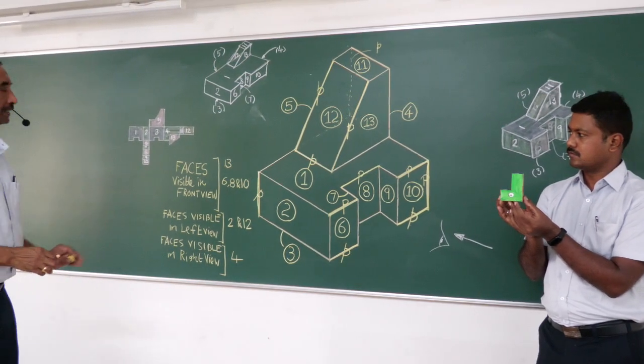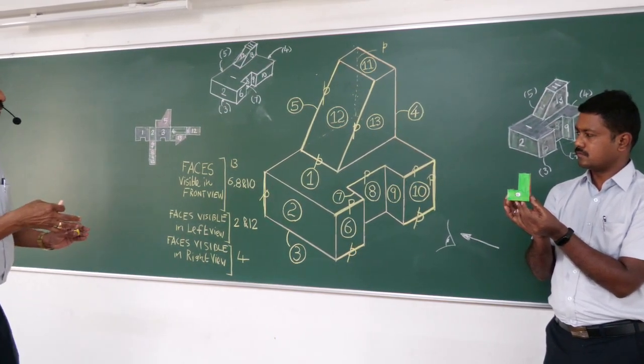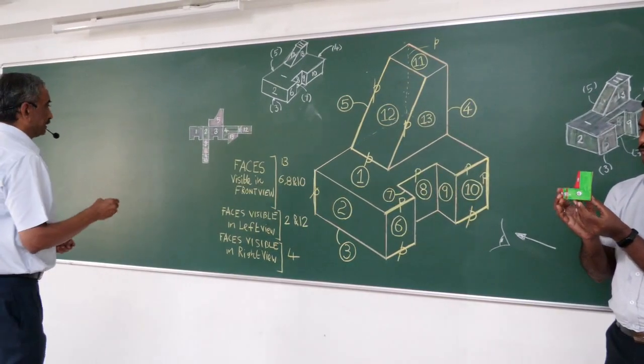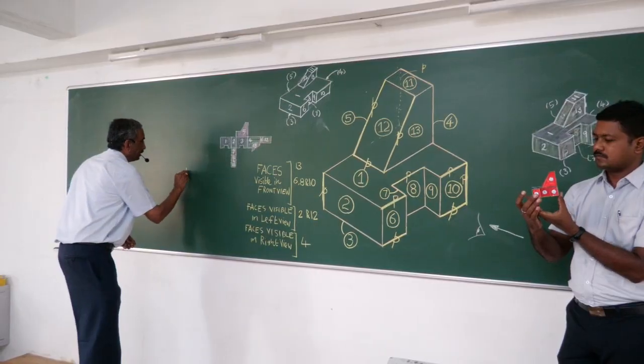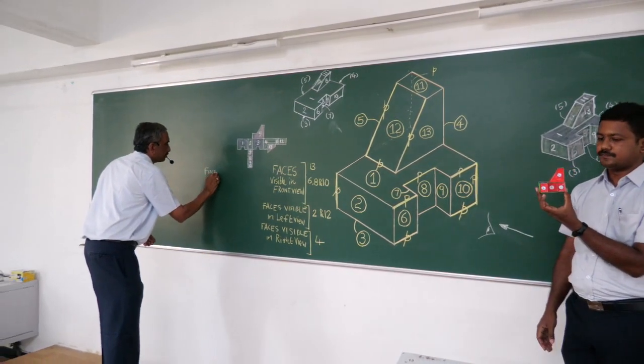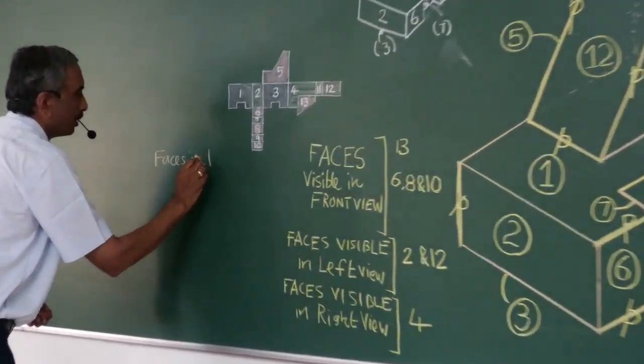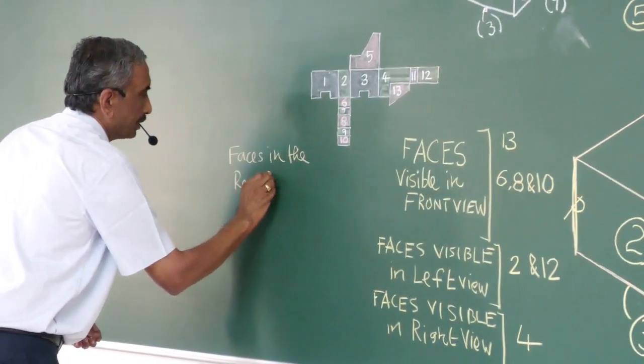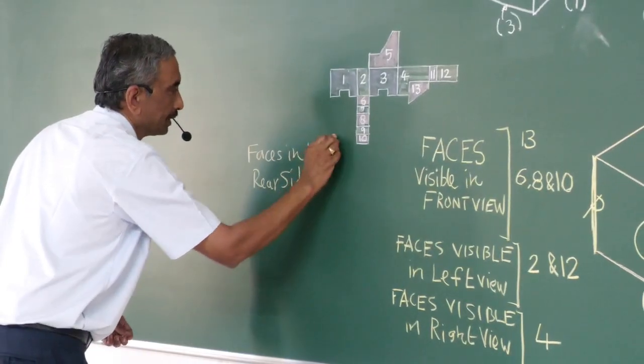For the sake of completion, we will find out the faces which are visible on the rear side of the object. Faces visible in the rear side, the back side of the object.